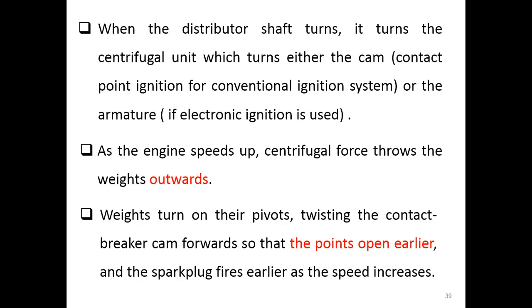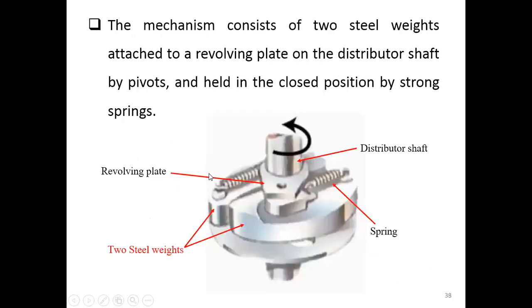So this centrifugal unit will try to turn the cam to move faster or slower. As the engine speeds up, the centrifugal force from the distributor shaft will throw the weights outward, so you have more opening between these two steel weights.